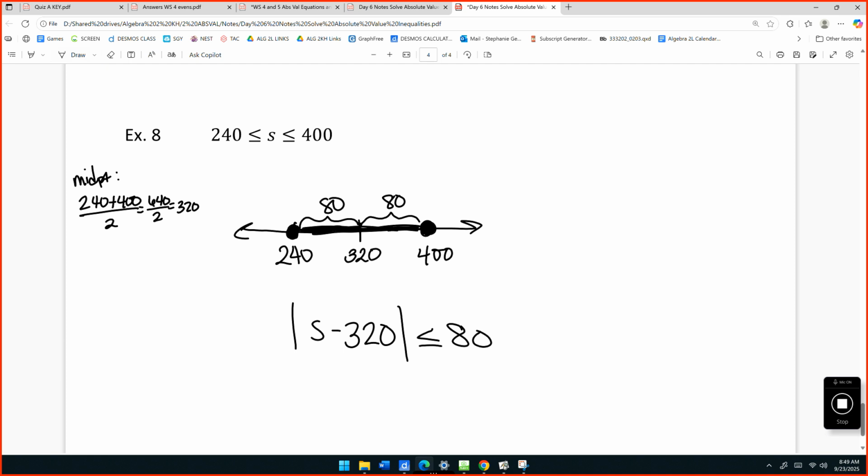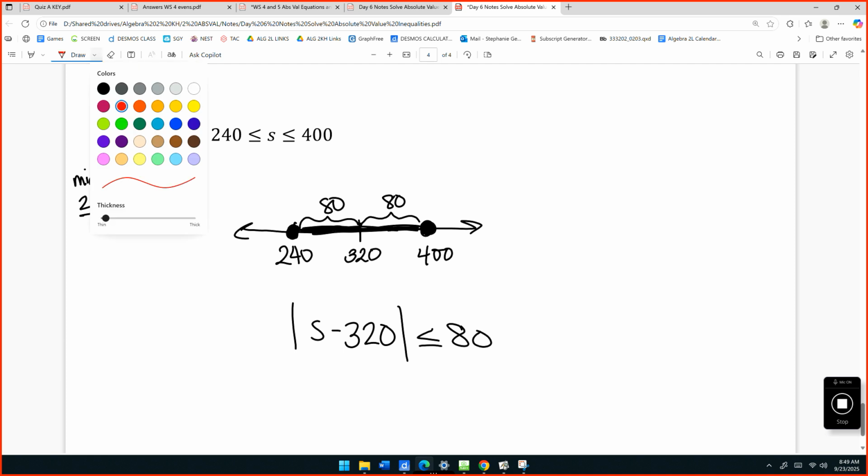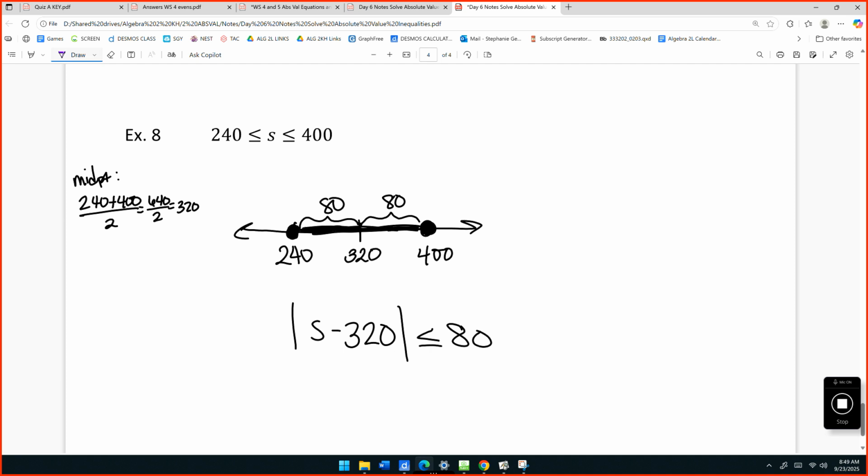Good question. Let's say the problem itself was: S is less than or equal to 240, or S is greater than or equal to 400. So this would be the way the problem was delivered to me.